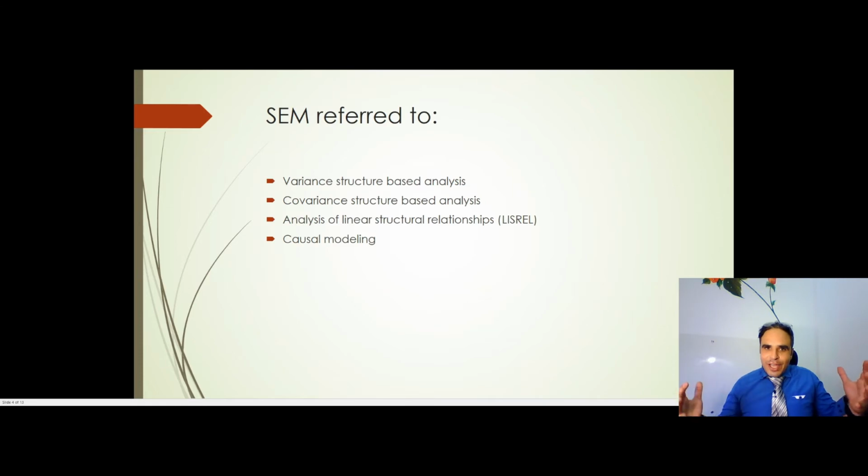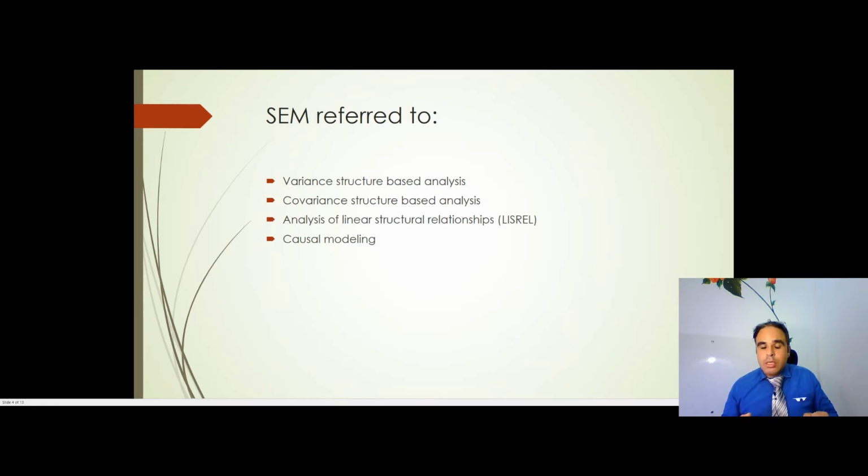SEM can be referred to in literature as variance structure-based analysis or covariance structure-based analysis. We're going to come throughout the video series to differentiate between variance-based and covariance-based. For instance, Smart PLS as a software is variance-based structural equation model analysis.